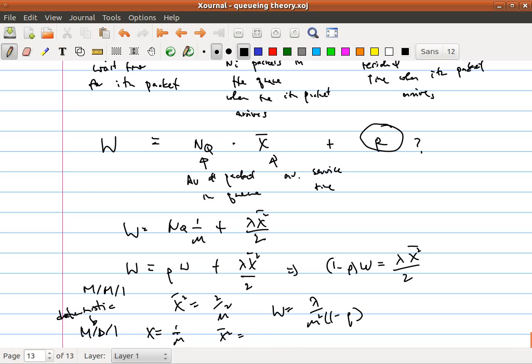Therefore X squared is 1 over mu squared, and so W in that case is just equal to lambda over 2 mu squared (1 minus rho). Actually, the wait time is smaller than the M/M/1 in this case, and the delay is just equal to W plus 1 over mu.